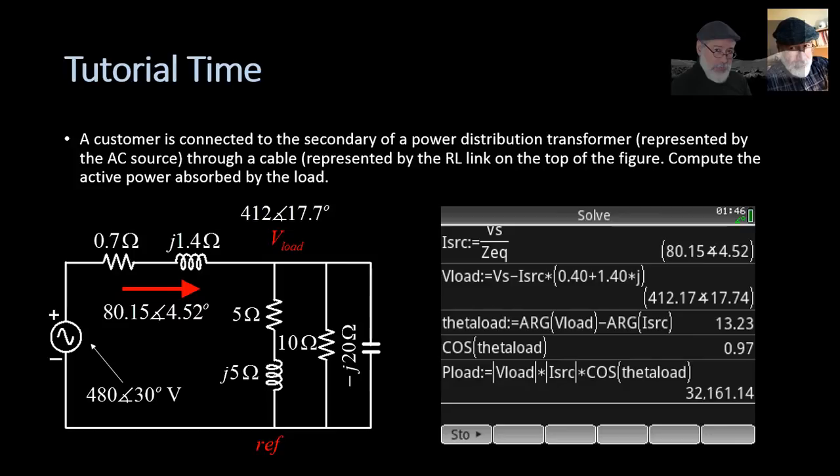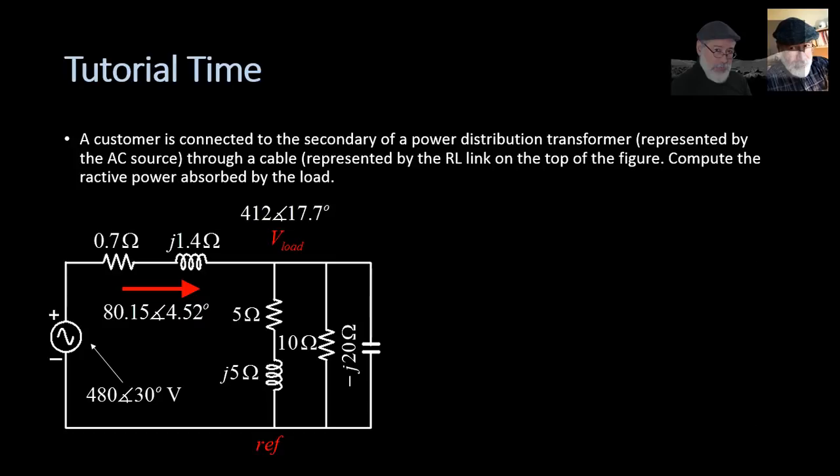No, because the absolute value of these phasors is the RMS value of the voltage. Okay. So P load is the RMS value of the voltage at the load multiplied by the RMS value of the current multiplied by the cosine of theta of the load, that is 32,161 watts. That is P, that is active power, right? So the active power absorbed by the load, the average power, is 32.2 kilowatts.